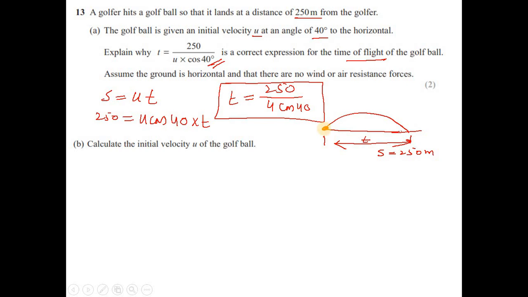First I'm going to consider vertical motion separately, and I know that the vertical velocity at the maximum height is 0. So vertical velocity is 0 at this maximum height, and the time taken for the golf ball to reach maximum height, I'm assuming, is t1.